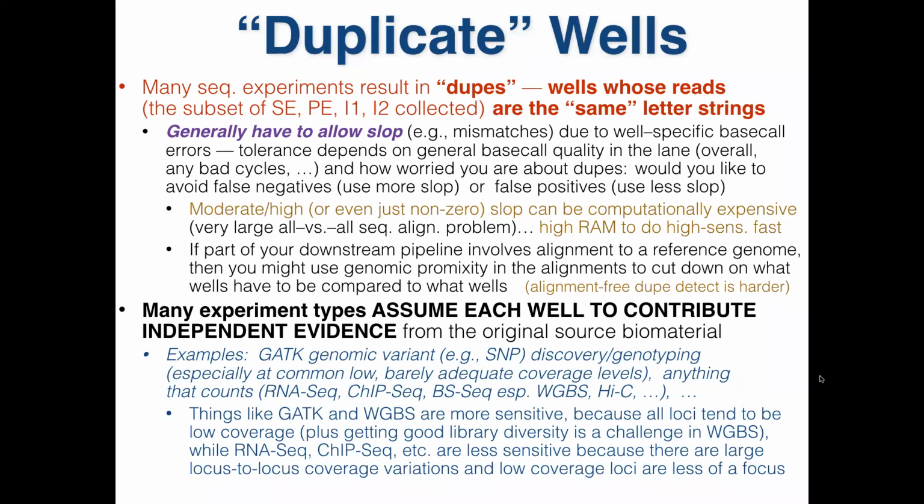But then there's the other kinds which are artificial, either from the library type or the instrument. And those you worry about more because many sequencing applications have an assumption that different reads are independent pieces of evidence. So think about something like GATK, genotyping, variant detection, SNP detection, genotyping.